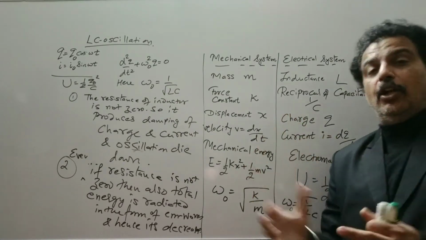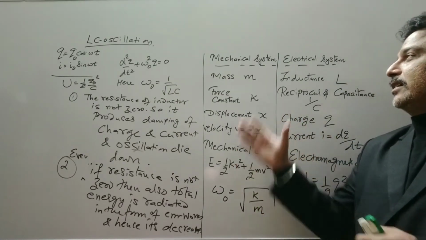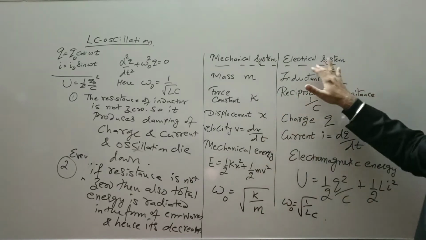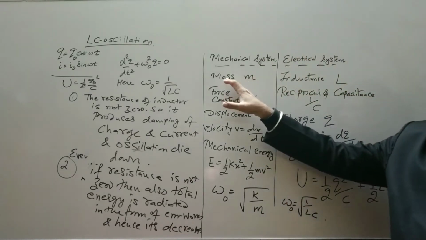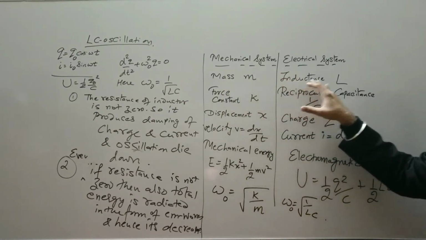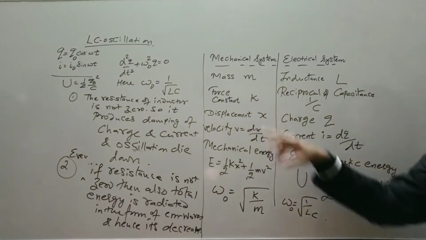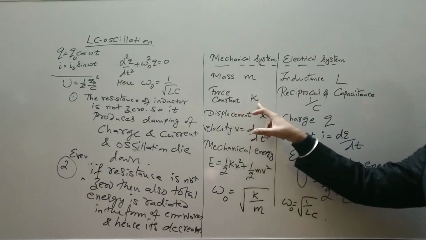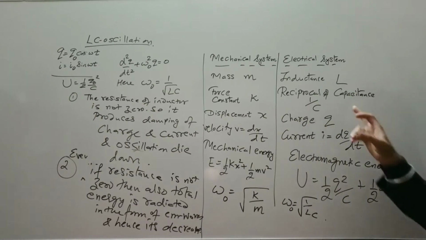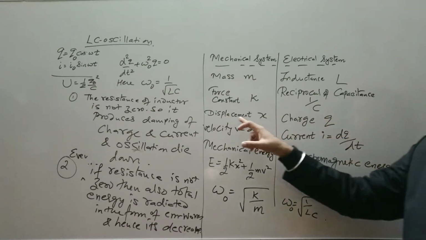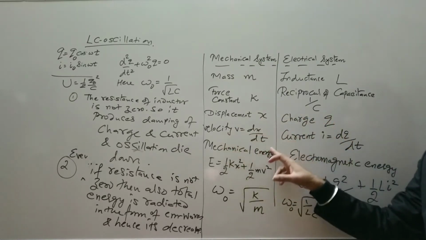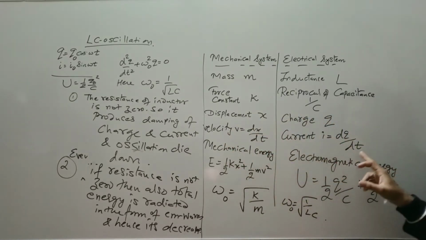Now there is an analogy between the mechanical system, that is a simple harmonic oscillator, and this electrical system. Whatever role was played by mass, the same role is played by inductance here. The force constant, that is K, here becomes the reciprocal of capacitance, that is 1 by C. Then in the role of displacement, here we have charge; velocity dx by dt becomes current I equal to dq by dt.